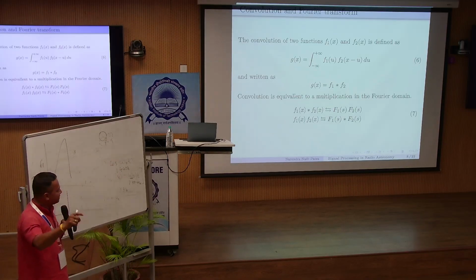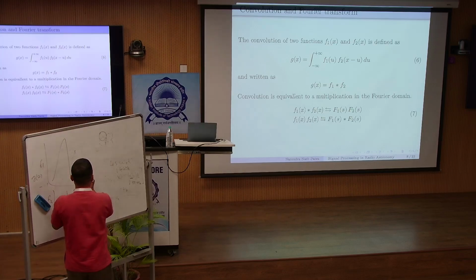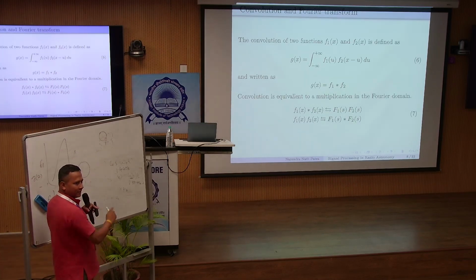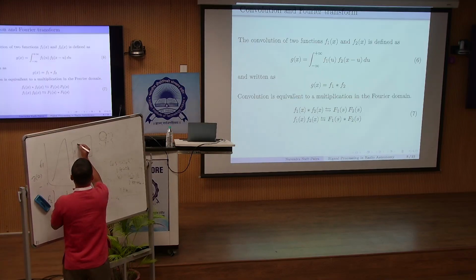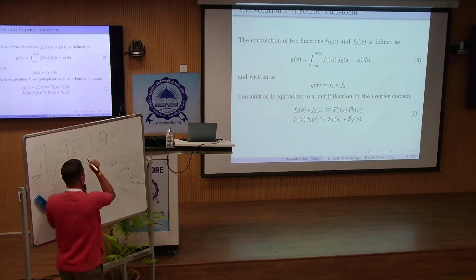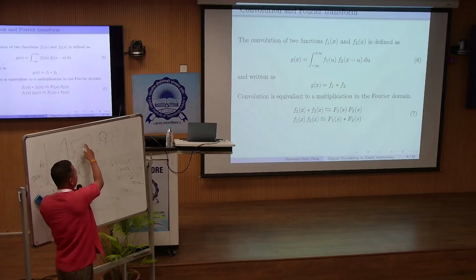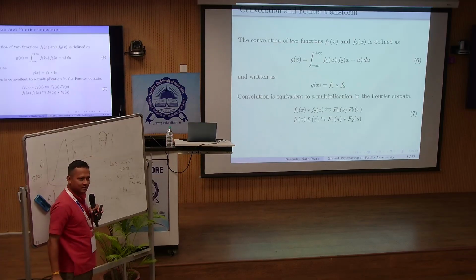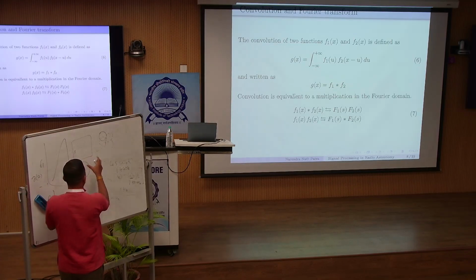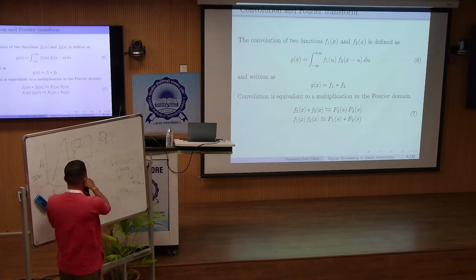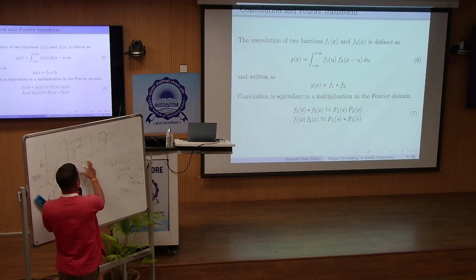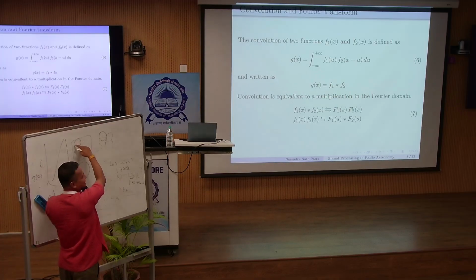Now think of this. Let's say this is my f2, that is the spot size. And this is my f1, which is a summation of 3 delta functions, correct? Multiply this and sum. If you multiply a delta function with a function, the same function comes back.